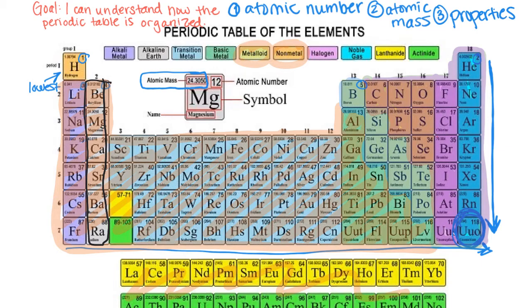So for example, this element, lithium, is more similar to sodium than it would be to magnesium. Lithium and sodium are in the same column, so they are more similar to each other than to ones that are next to each other. So they put them in the columns based on their properties and how similar they are.